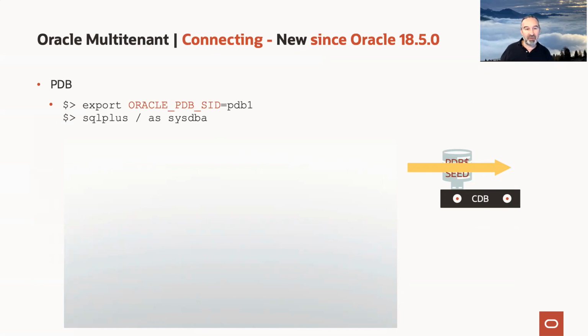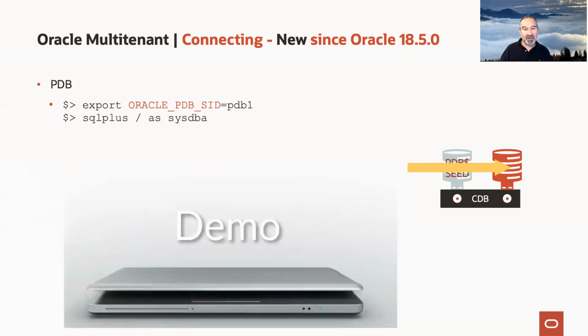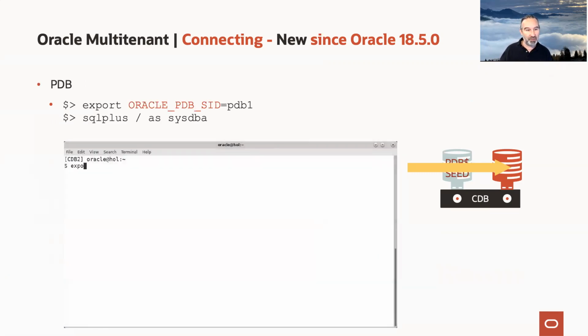This environment variable allows you now to connect with sqlplus / as sysdba without username, without password, only this, no quotation marks, directly into the PDB. And I would like to show you this in a very brief demo. So I say export ORACLE_PDB_SID equals, and here my PDB is called PDB_FTX.